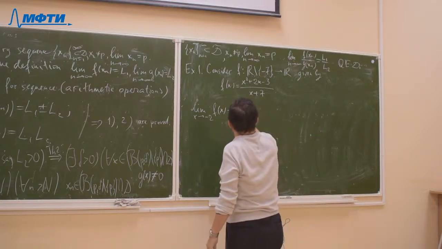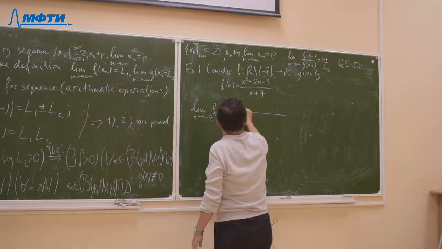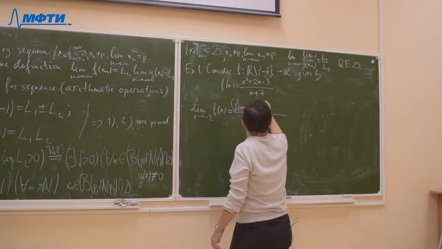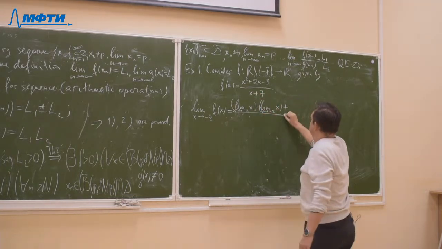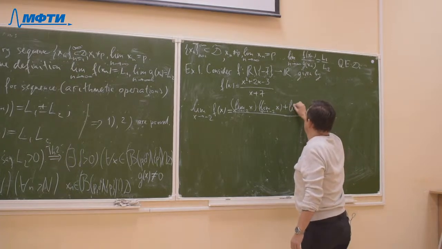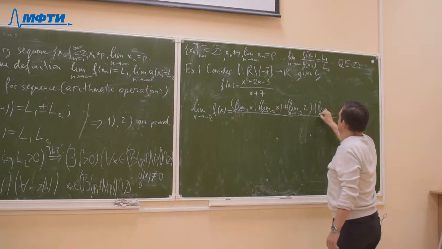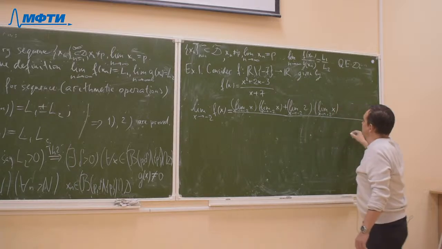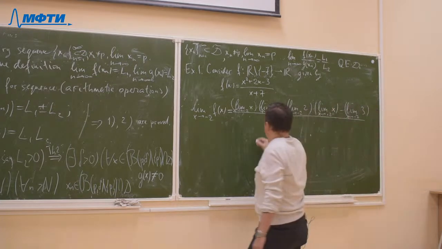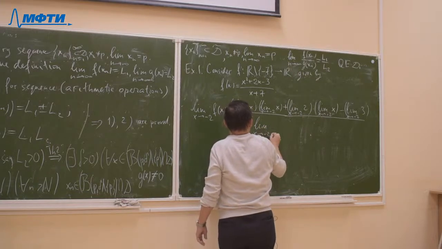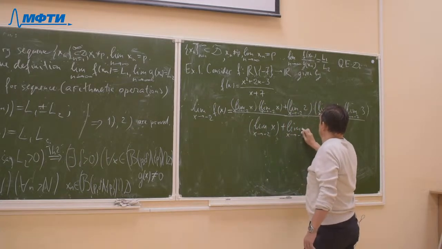Hence, we can write the limit as x tends to minus 2 of x times the limit as x tends to minus 2 of x, squared, plus the limit as x tends to minus 2 of 2 times the limit as x tends to minus 2 of x, minus the limit as x tends to minus 2 of 3, divided by the limit as x tends to minus 2 of x plus the limit as x tends to minus 2 of 7.